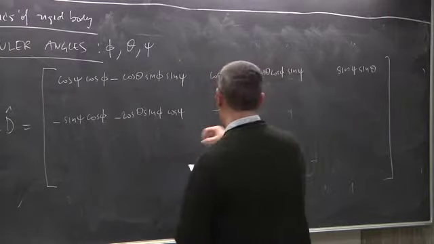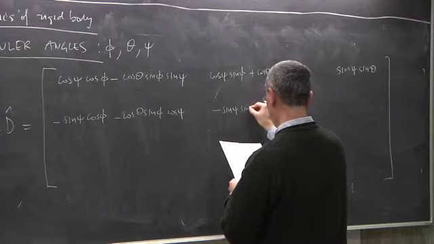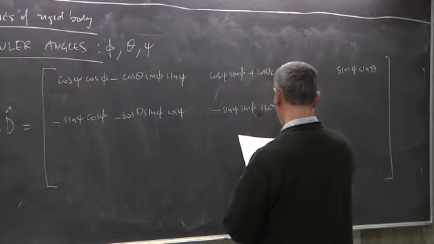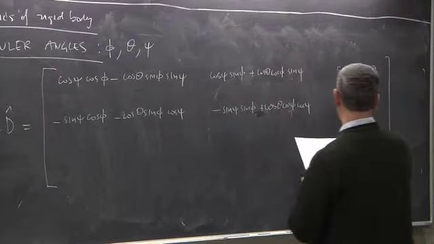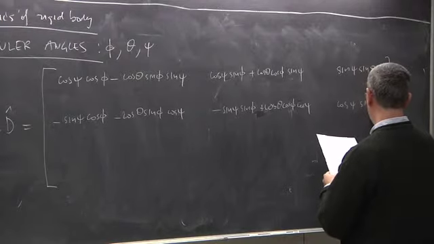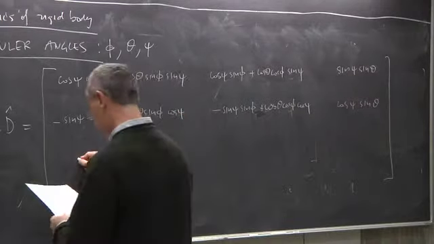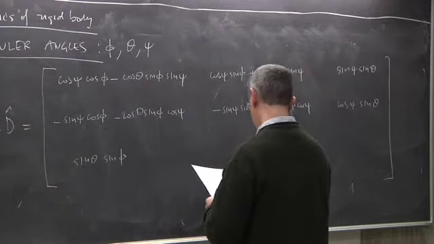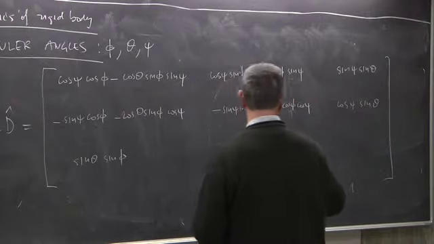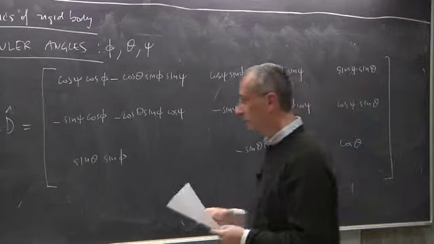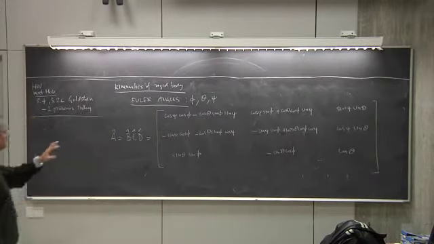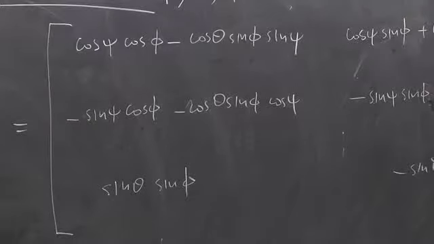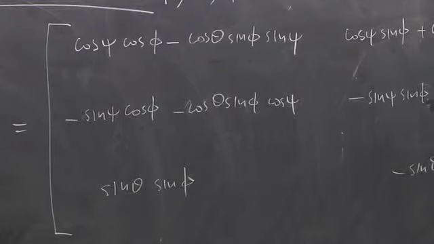So this is the 2-1 element. This is the 2-2. And finally, the last row is just sine theta sine phi, minus sine theta cos phi, and cosine theta. Okay, not that bad. So that's the matrix that describes, in terms of the Euler angles, a general rotation by that amount.